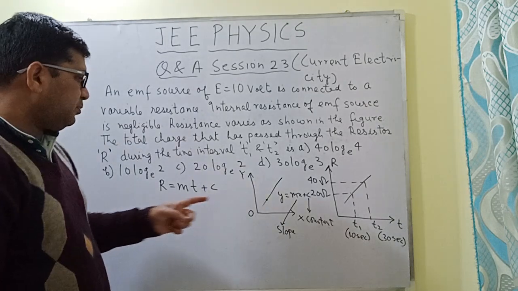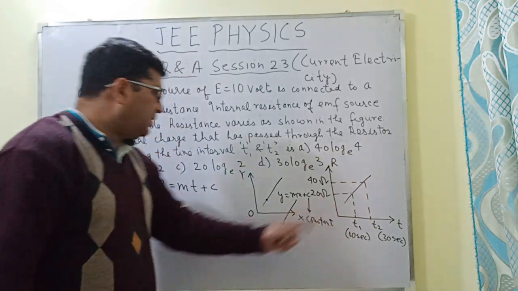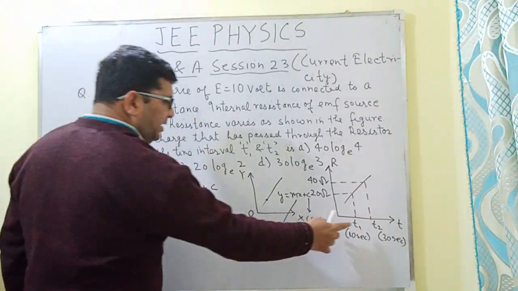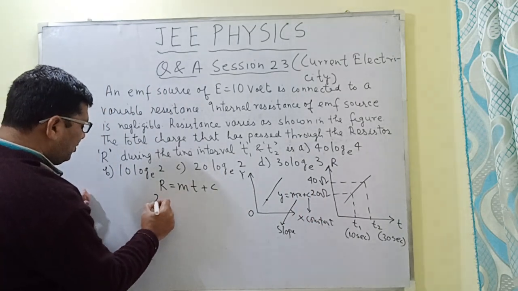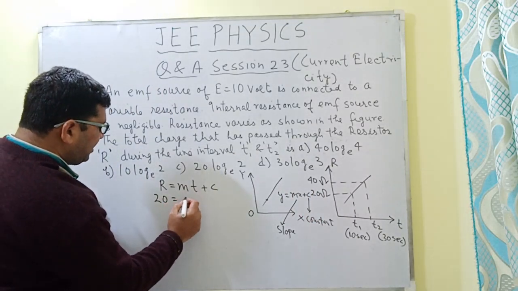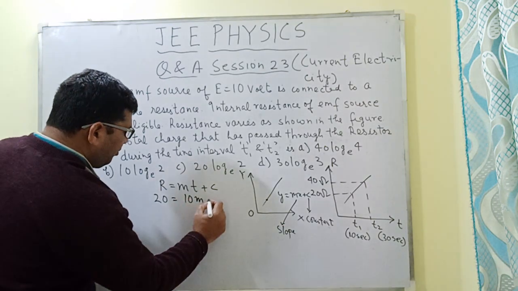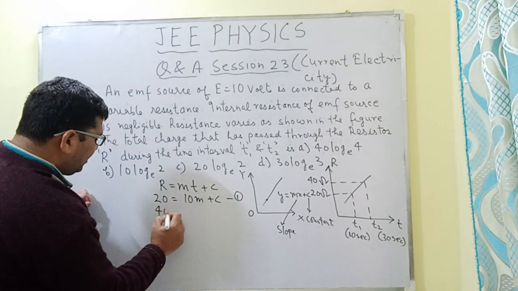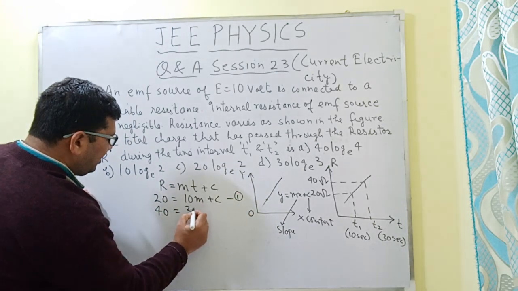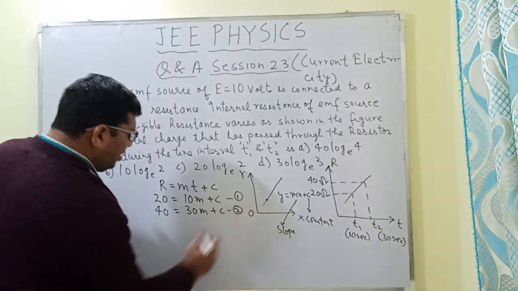Now from this figure you can see that at T1 equal to 10 seconds, the resistance is 20 ohms, and at T2 equal to 30 seconds, the resistance is 40 ohms. So R is equal to 20 ohms at 10 seconds, so that is equal to 10 M plus C. This is equation number 1, and the resistance is 40 ohms at T equal to 30 seconds, so 30 M plus C. This is equation number 2.